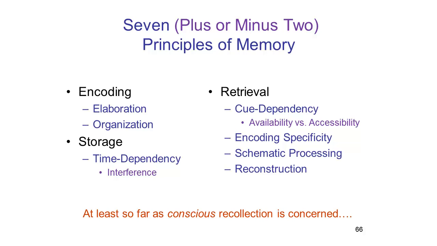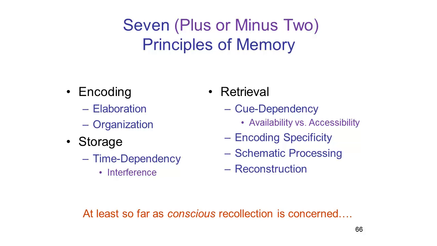The retrieval process by which we gain access to information that's available in memory store is governed by principles of cue dependency, encoding specificity, and schematic processing. But retrieval is also governed by a principle of reconstruction.